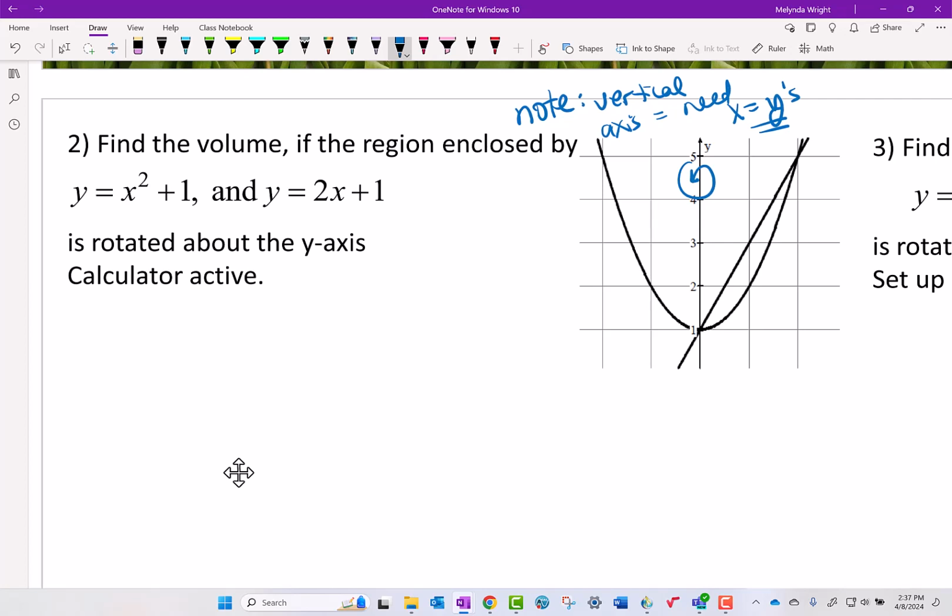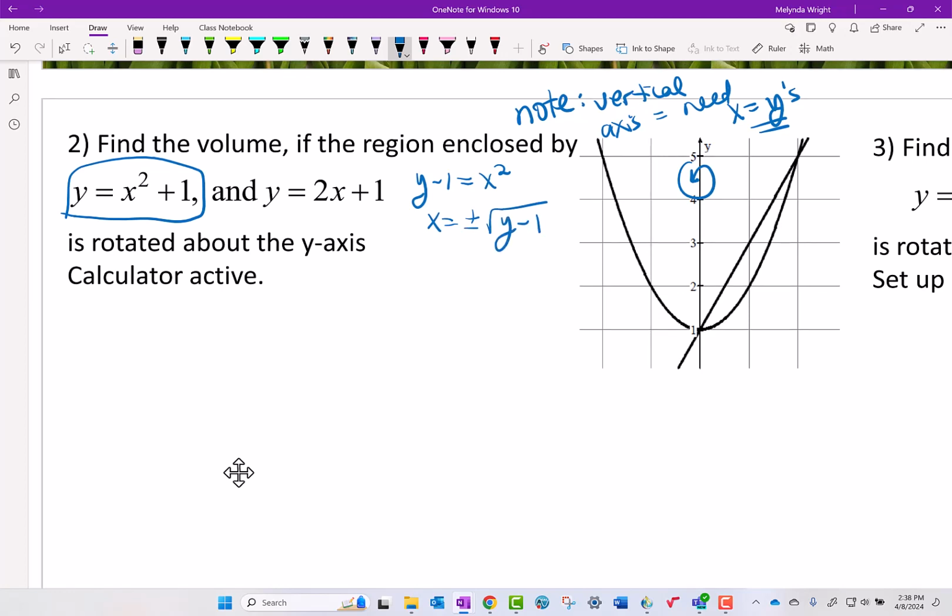Okay, so, all right, well, we can do that. So I'm going to focus on this one first. So I move the 1 over, I have y minus 1 equals x squared. I square root both sides. I get x equals plus or minus the square root of y minus 1.